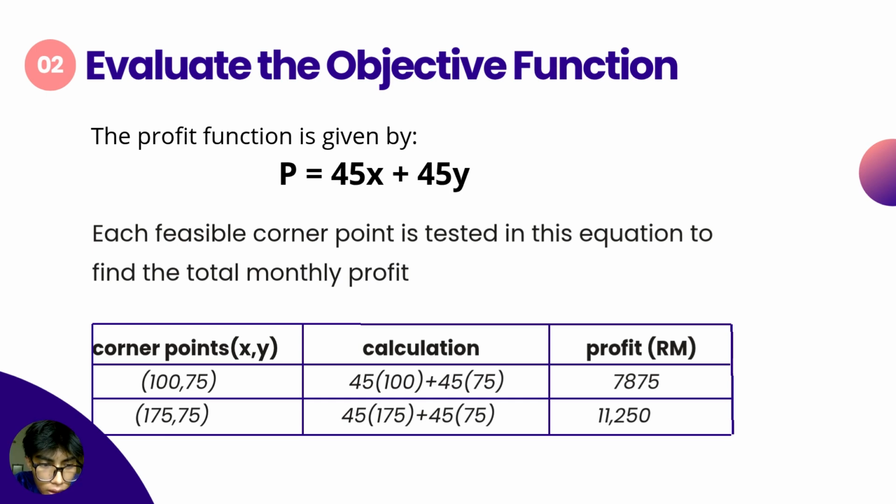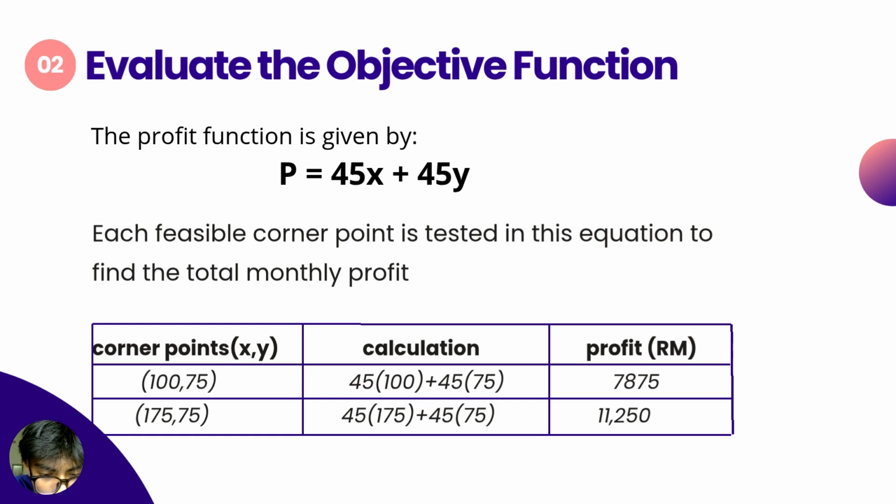Okay, so as you can see here, let's look at them one by one. The corner points, the coordinates of x and y. The first coordinate is x equal to 100 and y equal to 75, while the second one is x equal to 175 and y equal to 75.